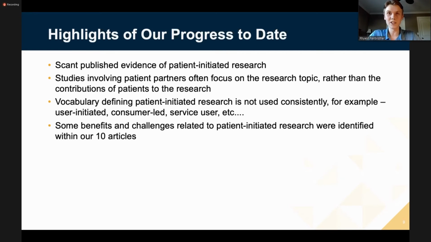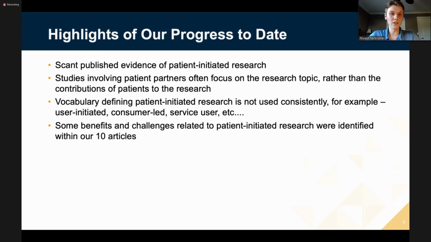And as was mentioned with the published literature, we had over 1,000 titles and abstracts that might have met our criteria, although it ended up only being 10. This speaks to just how little published evidence of patient-initiated research there actually is out there at the moment.